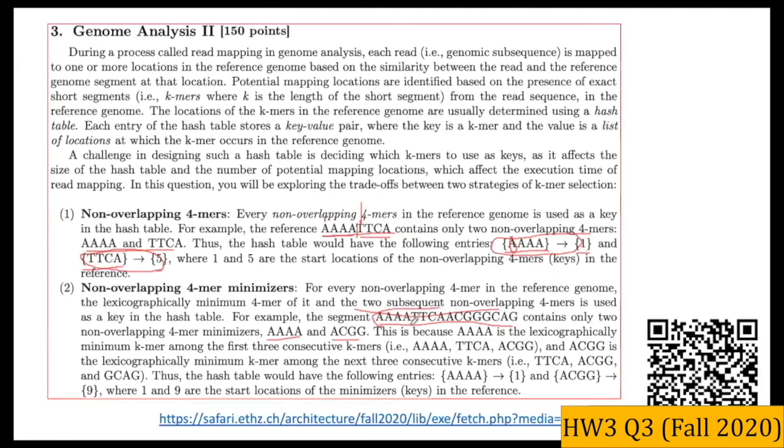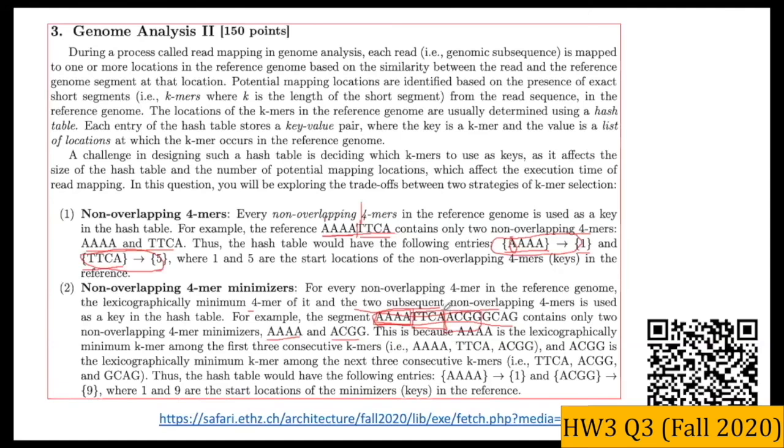The first k-mer is the 4 A's, because k is 4 here, and these are the first 4 characters. What is the second non-overlapping k-mer? These 4 characters, which is TTCA. And the third k-mer, that is also non-overlapping, this is very important, is ACGG. So now we have already extracted 3 k-mers out of this sequence.